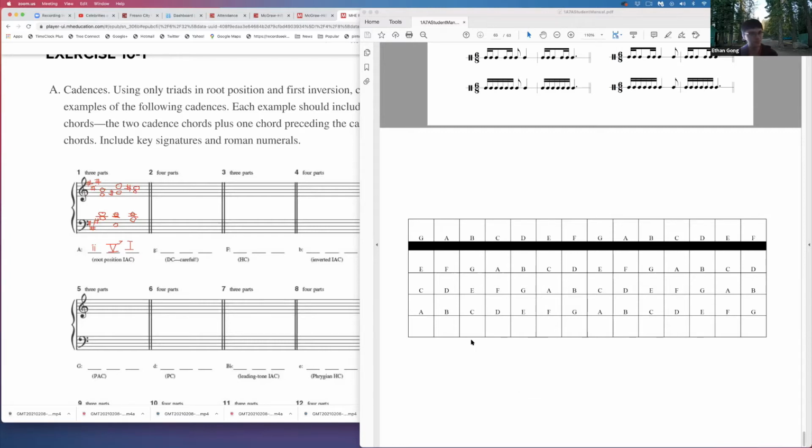So if we're in G minor, and we're going 5, and we're going to go to a major 6, which is not a 7. Does it require any accidentals?